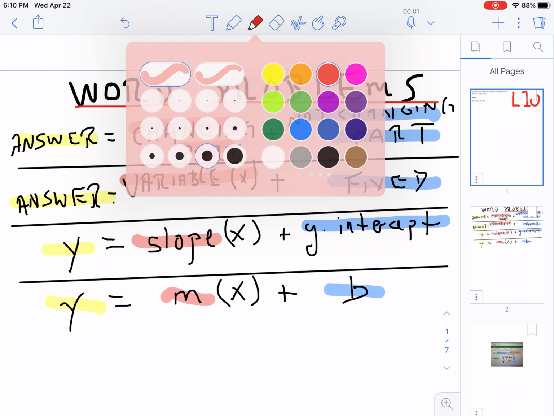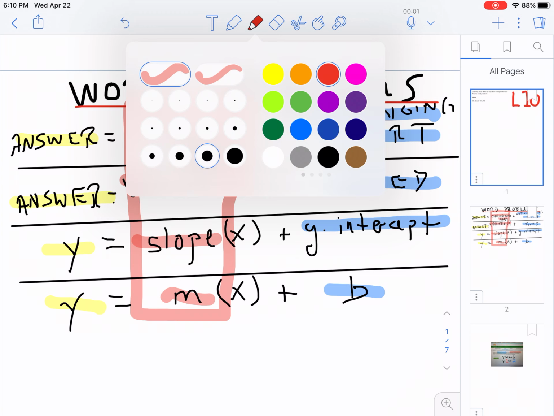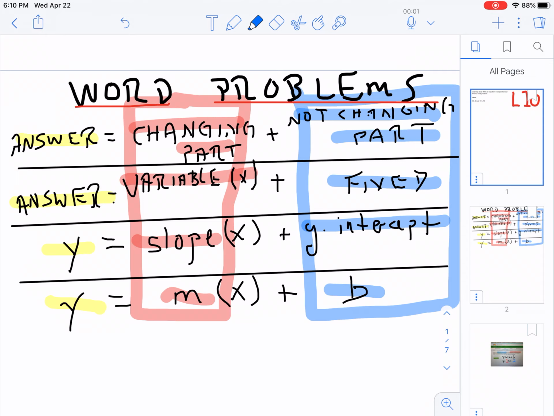So all of these terms in the red box, changing part, variable, slope, and m, they all mean the same thing. And all the parts in the blue box, the not changing part, fixed, y-intercept, and b, all mean the same thing. Let's take a look at some questions.